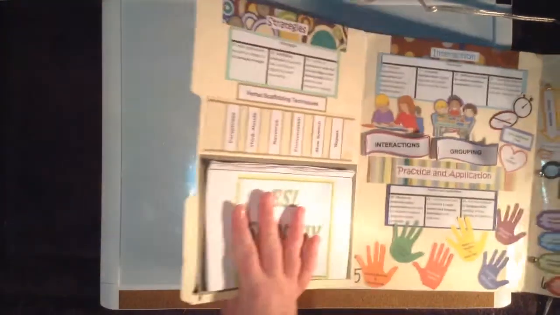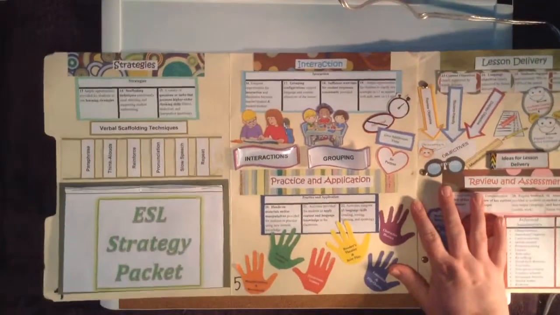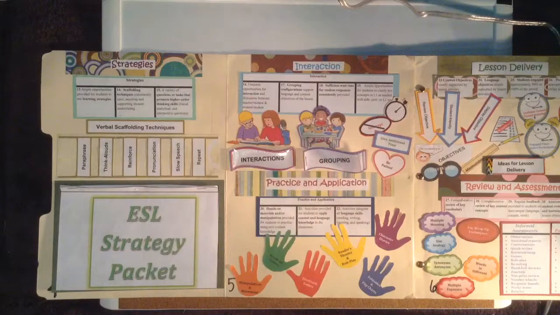Let's continue going. On page 5, we have interactions. Frequently, opportunities for interactions, discussions between teacher, students, and student-student. Grouping configurations support language and content objectives of the lesson. Sufficient wait time for students' response constantly provided.